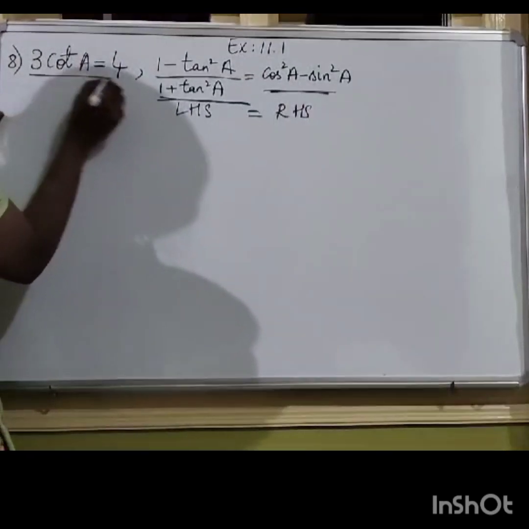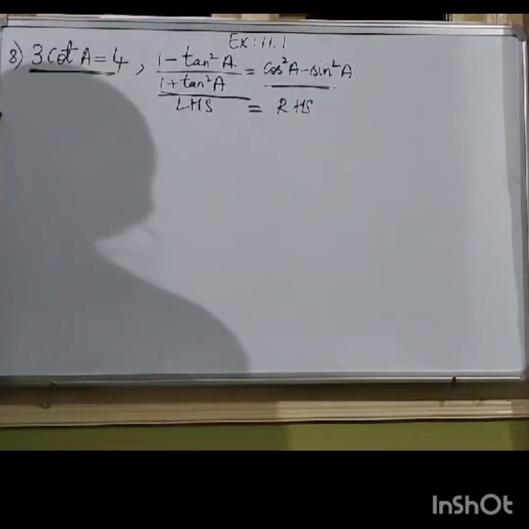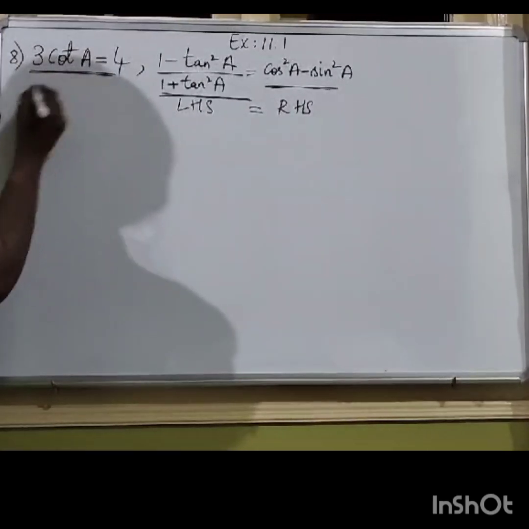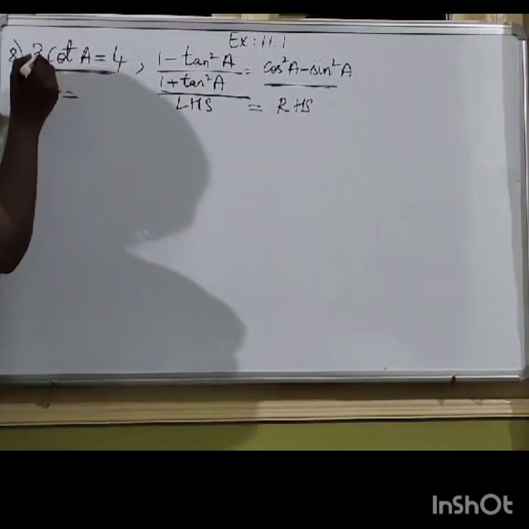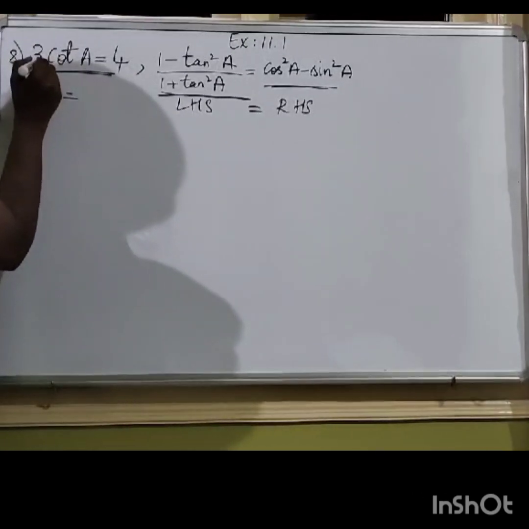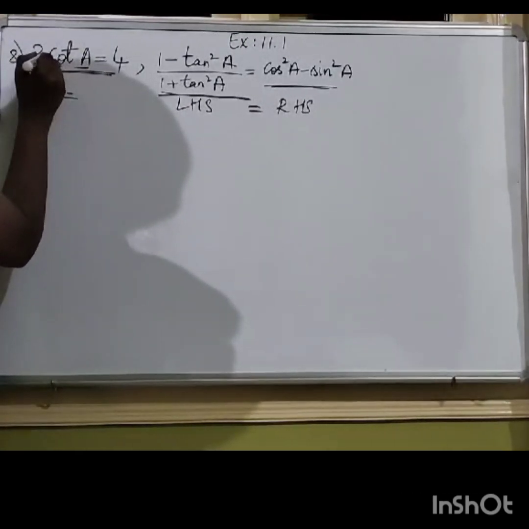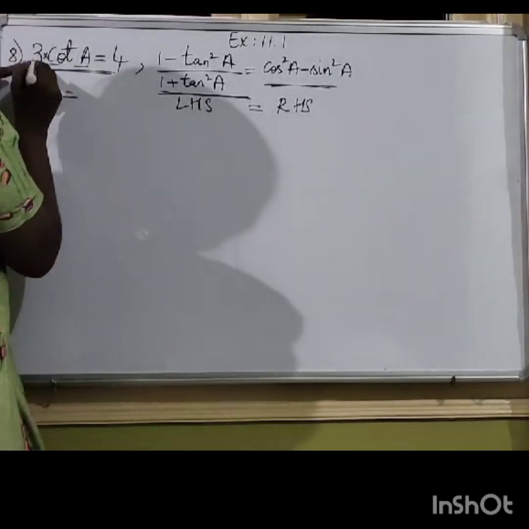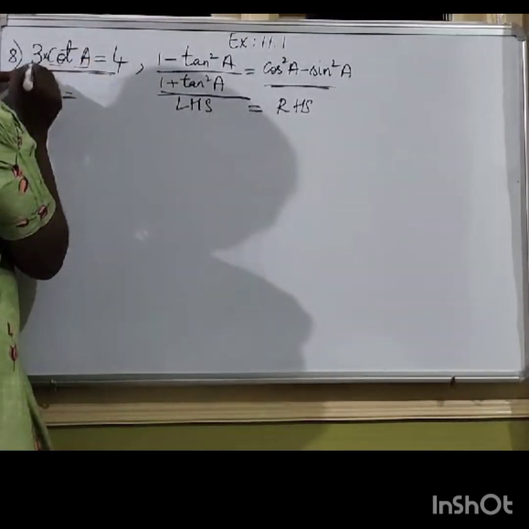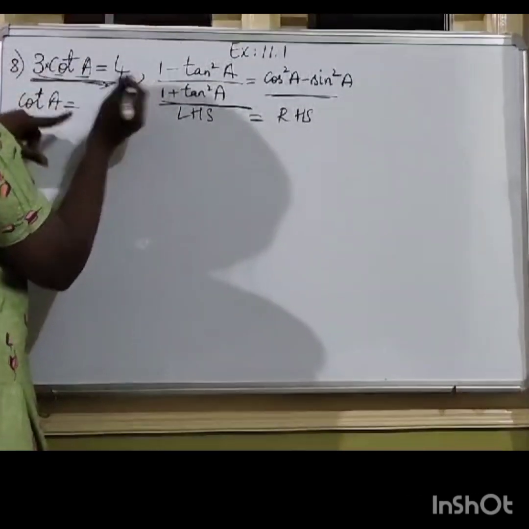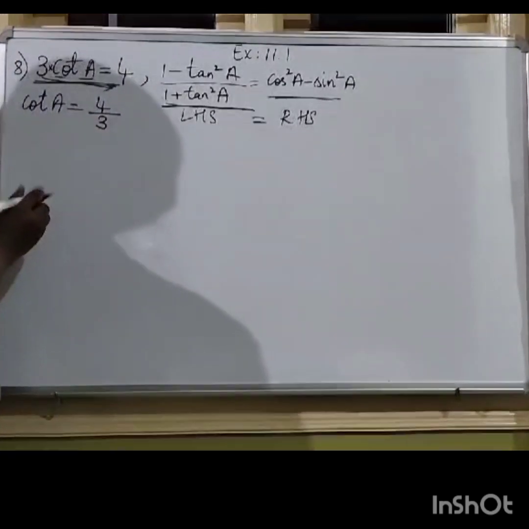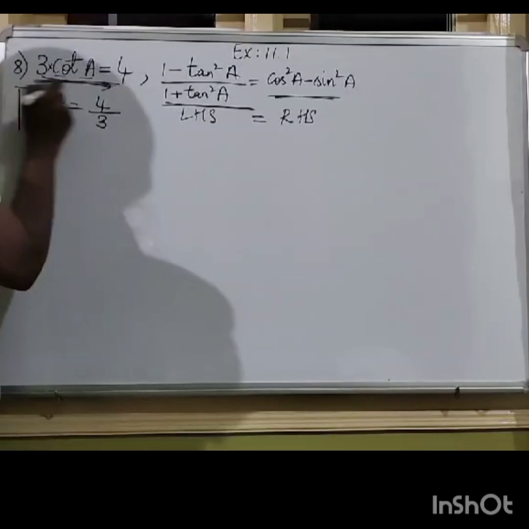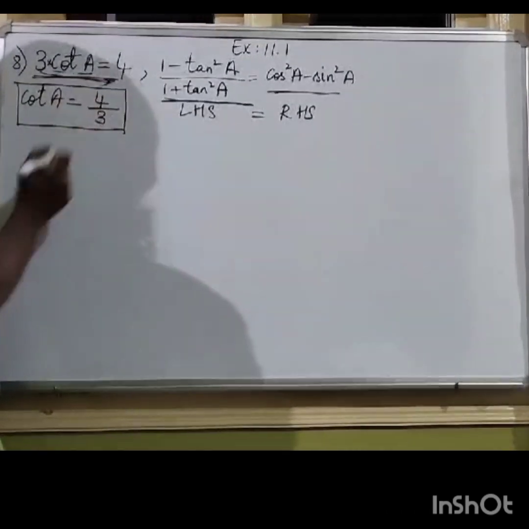What is given is 3 cot A is equal to 4. So from this we can get cot A value. Cot A, as I said in the previous question, between 3 and cot A there is a multiplication sign present. So when it crosses this equal sign and comes, it becomes division. So it comes as denominator to 4. So cot A value is 4 divided by 3.